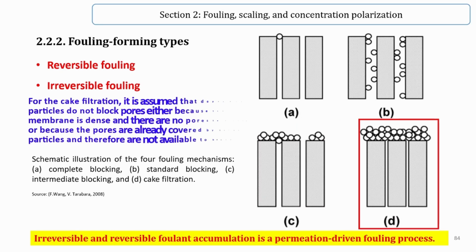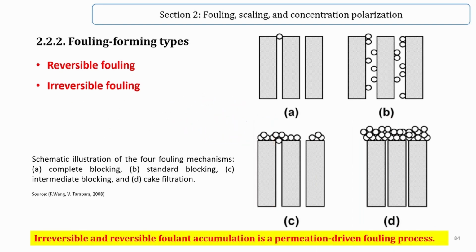For the cake filtration, it is assumed that depositing particles don't block pores either because the membrane is dense and there are no pores to block, or because the pores are already covered by other particles and therefore are not available to block. For the intermediate blocking, it is assumed that some particles deposit on other particles, as in cake filtration, while other particles block membrane pores, as in complete blocking.